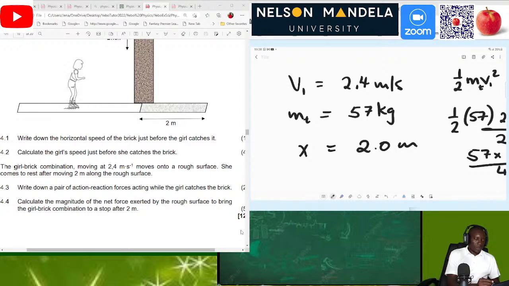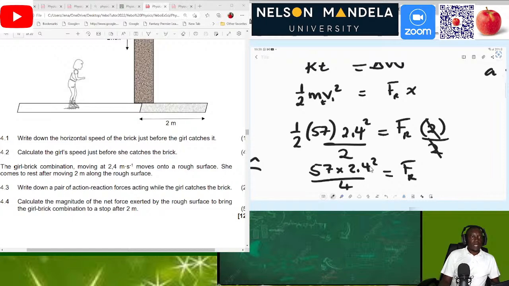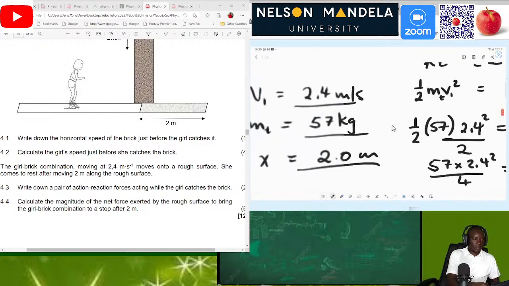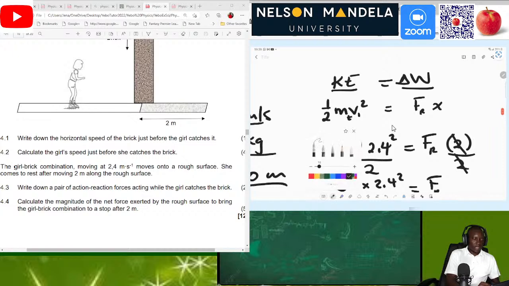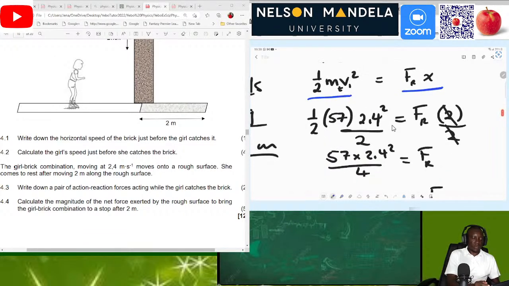And our kinetic energy is half mv squared. So half mv squared is equal to force times displacement, the frictional force times the displacement which the body moves until it comes to rest.